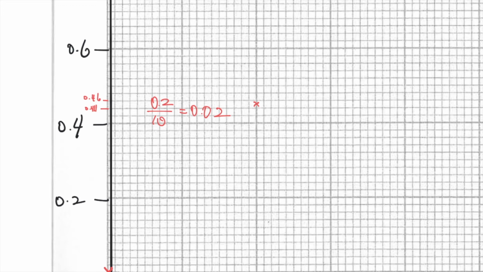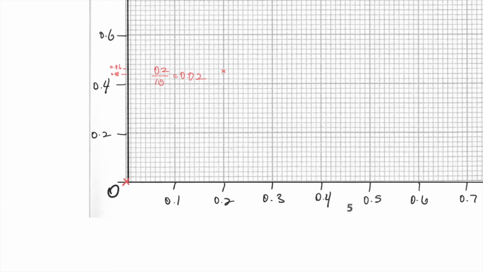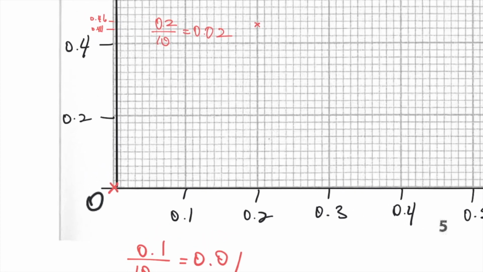So this is the point 0.2 and 0.45. So you see, even if it's not directly stated on the axis, we can still figure out what the point is. And the same thing works on the current axis as well. We have the same 10 blocks here. And if we know that the distance from here to here is 0.1, then we can say 0.1 divided by 10 gives us 0.01. This means that each tiny box there has a value of 0.01, and we can count that as well to see if it's true.